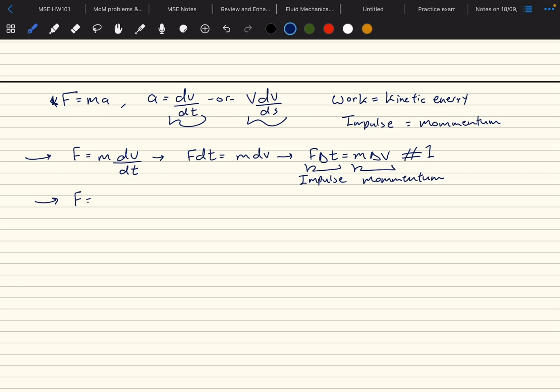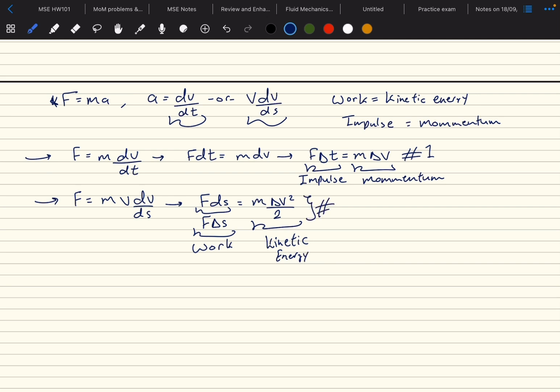On to the next. F is equal to m v dv/ds, which then would equal F ds is equal to m delta v squared over 2. This would be F delta s right here, which would be work. This would be kinetic energy. And that's our equation number 2.